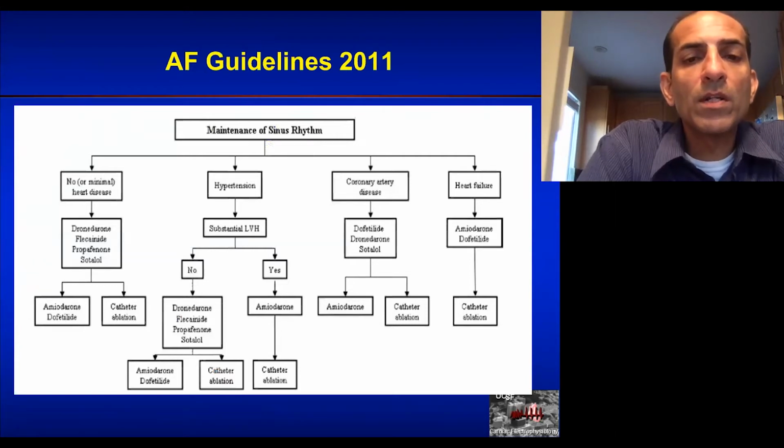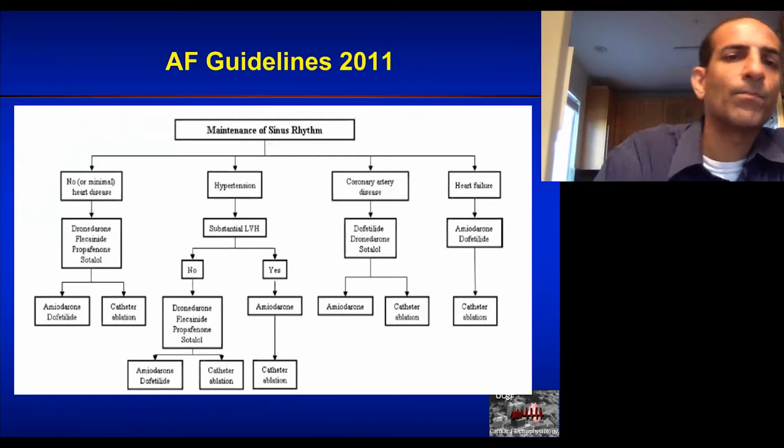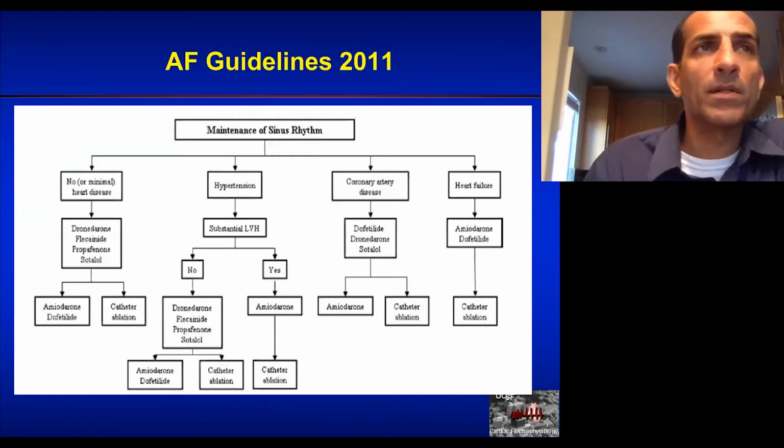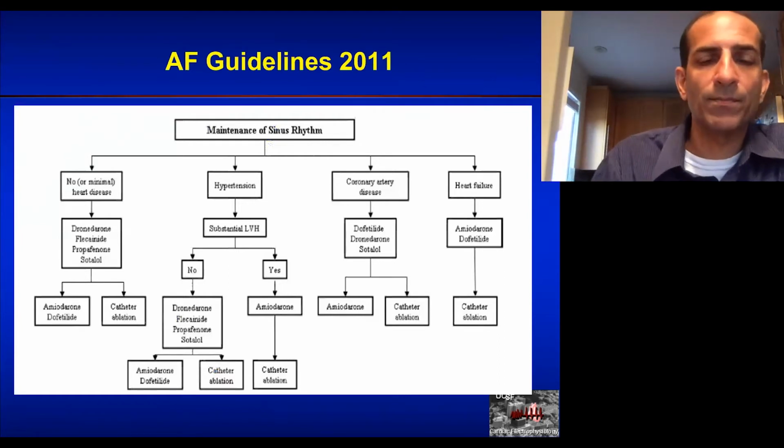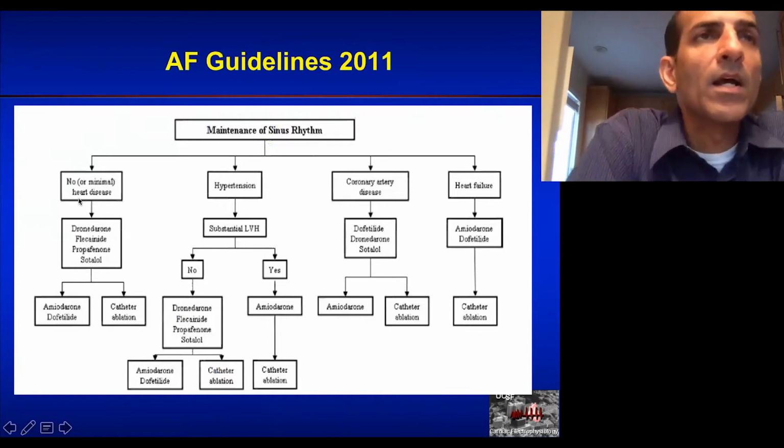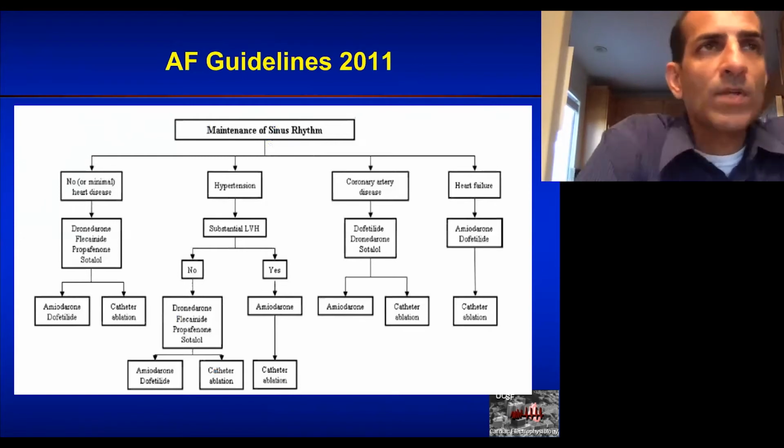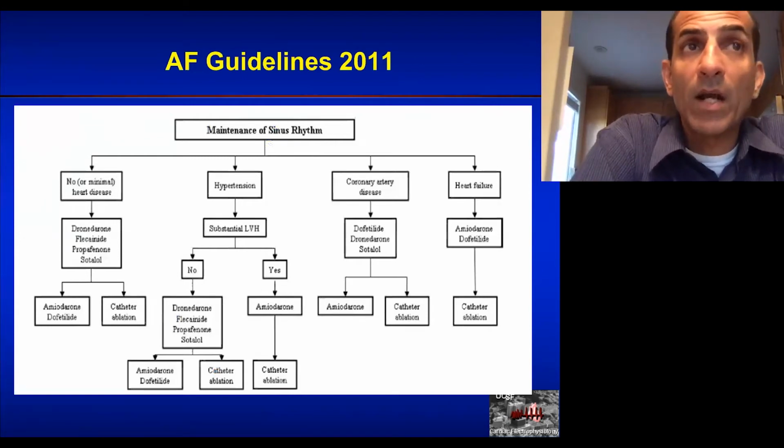So this is a list of different drugs that you can use for rhythm control in these patients, which means keeping them in normal rhythm, keeping them out of fibrillation. Now, the drug therapy is based on 4 different kinds of diseases that the patients might have. If the patients have no heart disease, so as I showed you earlier, about 1/3 of the patients who present with atrial fibrillation don't have any heart disease.